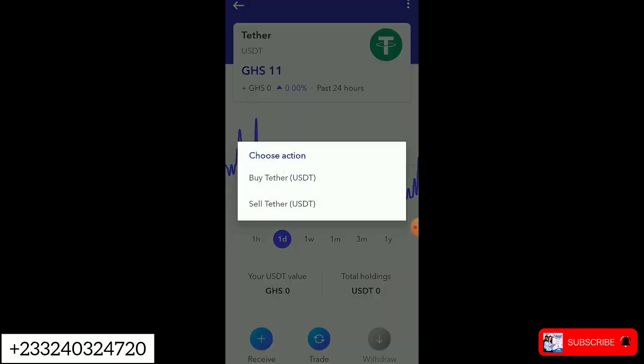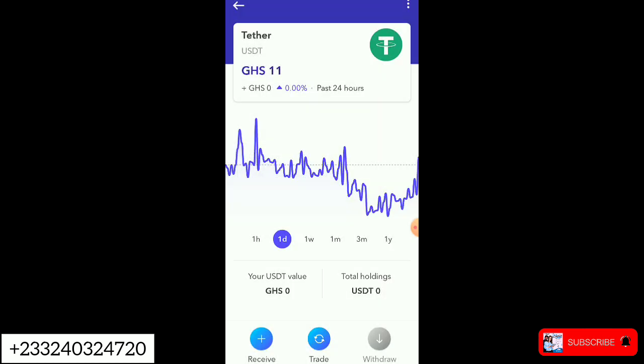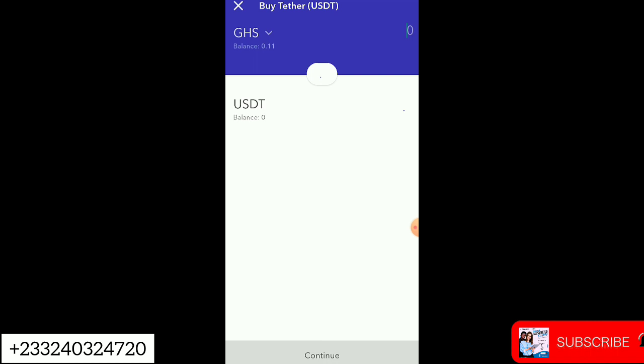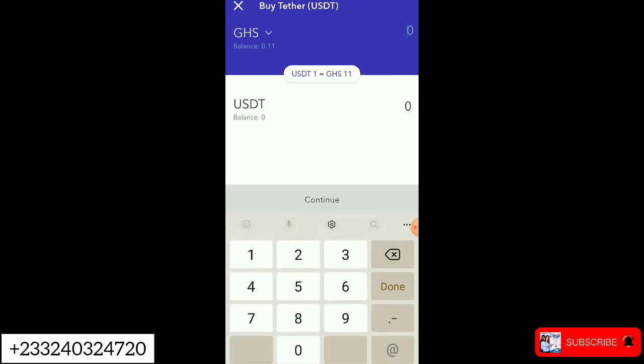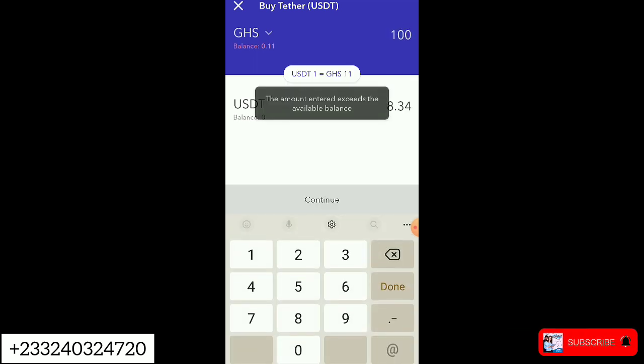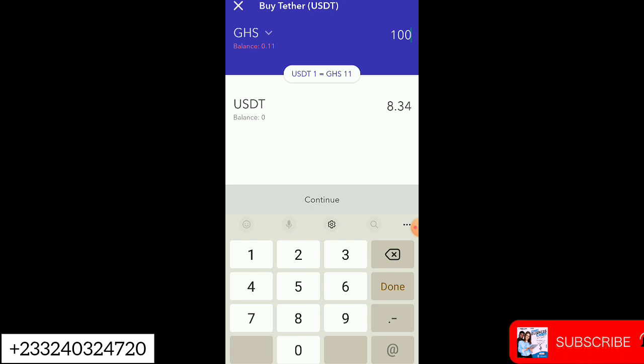First of all, you click on trade, and you click on buy. We have just 100 cedis, so with our 100 cedis we can buy only 8.34 USDT.